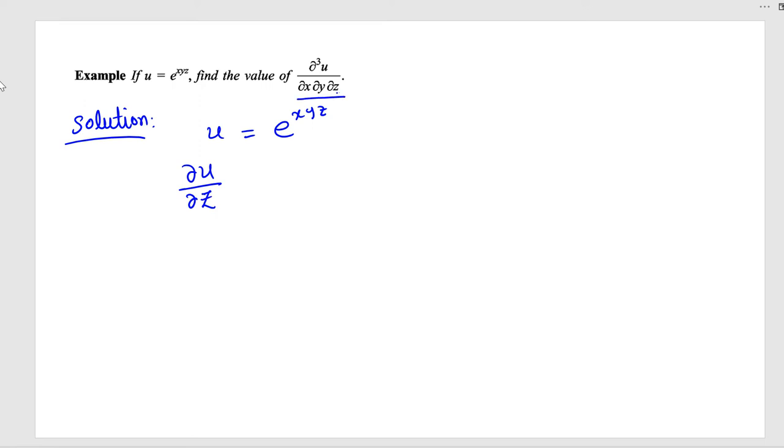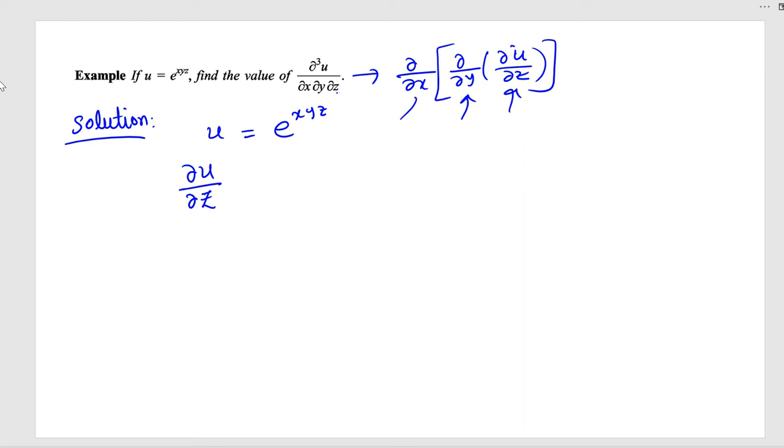So if you want to find out this order, that means the order is del x del y del z, so del 3 u. This is the actual order. So we have to find out first this inside partial derivative, then we go for this one, and finally this one. So this is 1, this is 2, and this is 3.